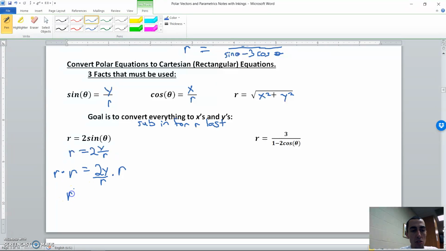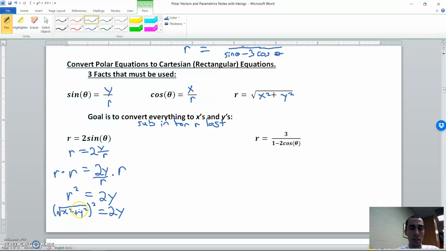So then we'll have r squared on the left equals 2y. Now we can use this r equals the square root of x squared plus y squared fact, and when we do that we're going to have parentheses the square root of x squared plus y squared squared equals 2y.